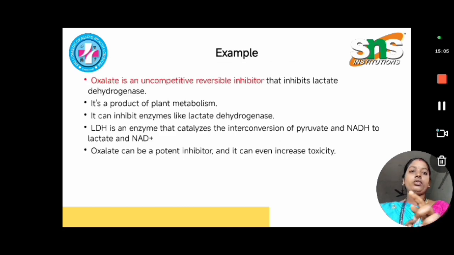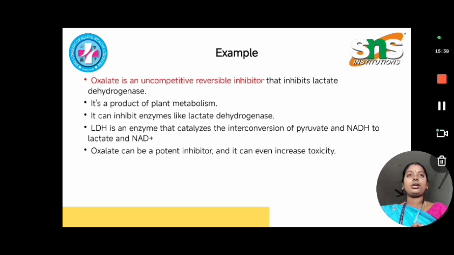So for example, oxalate. Oxalate is an uncompetitive inhibitor which inhibits lactate dehydrogenase, the enzyme. Oxalate binds to the lactate dehydrogenase enzyme, and it is a product of plant metabolism. Lactate dehydrogenase is the enzyme which converts pyruvate into lactate in the glycolysis reaction.